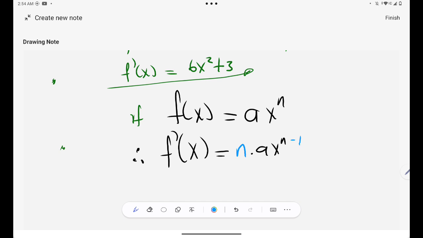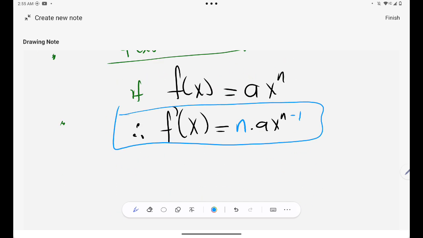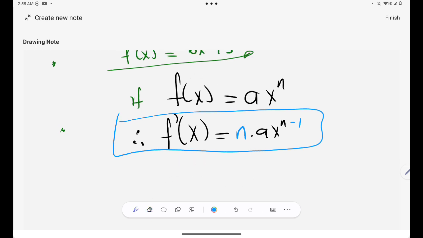That's how you find the derivative. This is the rule we use to find the derivative. Are we together? And please note that the derivative of a constant is 0. The derivative of a constant is always equal to 0.